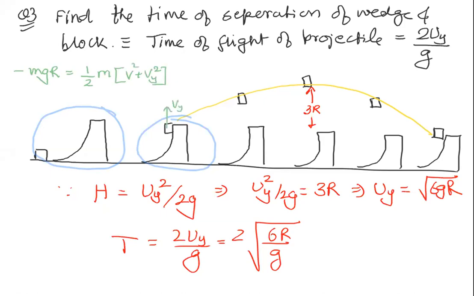Its velocity is vy like this and v like this, its velocity should also be v like this, plus half capital M v square minus the initial kinetic energy, which is half m into 2v naught square. And then you can conserve momentum along the x-axis, and you can say that m into 2v naught is equal to m plus M into v. From here also, if you find vy, exactly this answer will come.